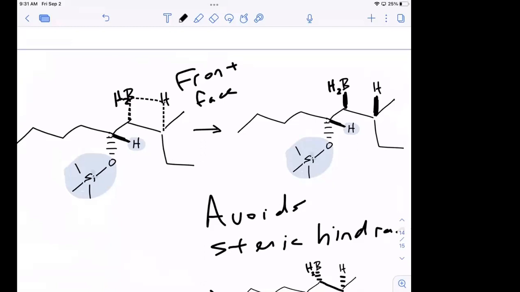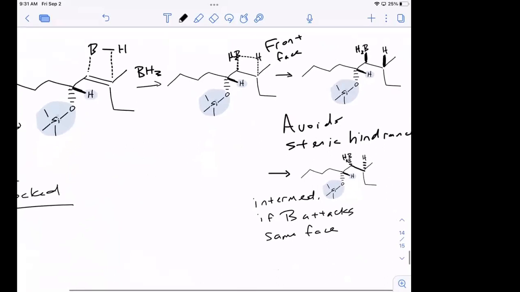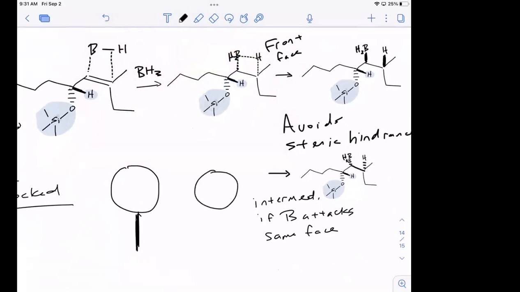The group is facing back, right? And think about this in terms of chemistry. If you have a group that's here on a wedge, and you have a group next to it, the less space there is between the groups, the more unfavorable it is.